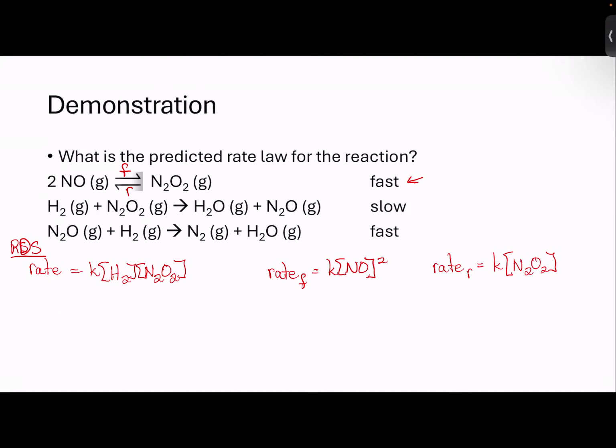Now, because this is in dynamic equilibrium, meaning the rate of the forward reaction equals the rate of the reverse reaction, that means that K of NO squared is equal to K of N2O2.